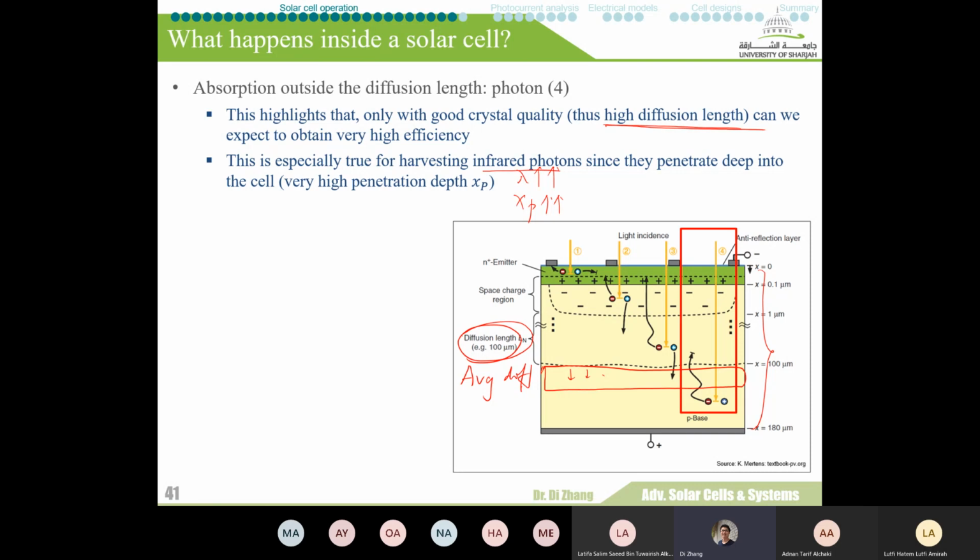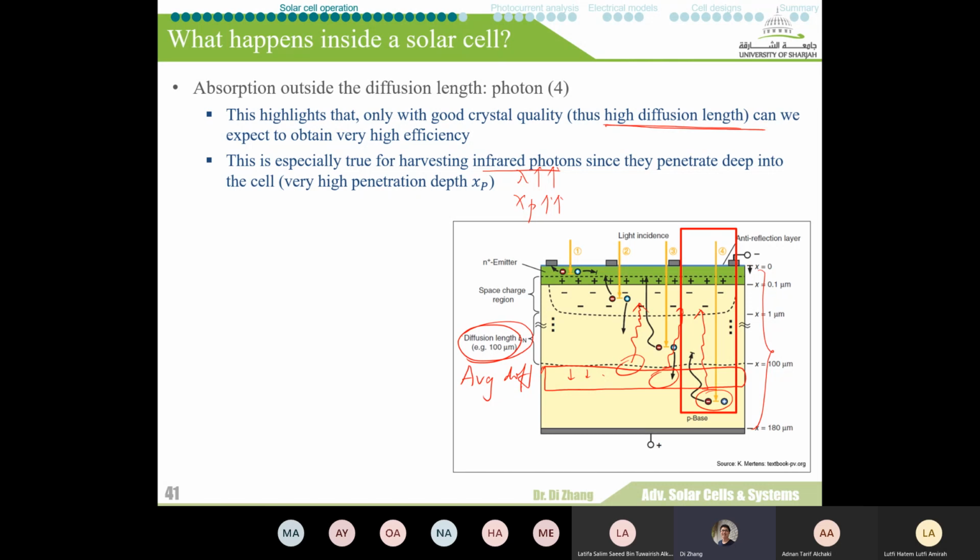This means that most of the infrared photons will be absorbed very deep into the solar cell, and they have to diffuse a longer distance in order to be separated. So this is extremely important if you want to focus on the infrared spectrum.